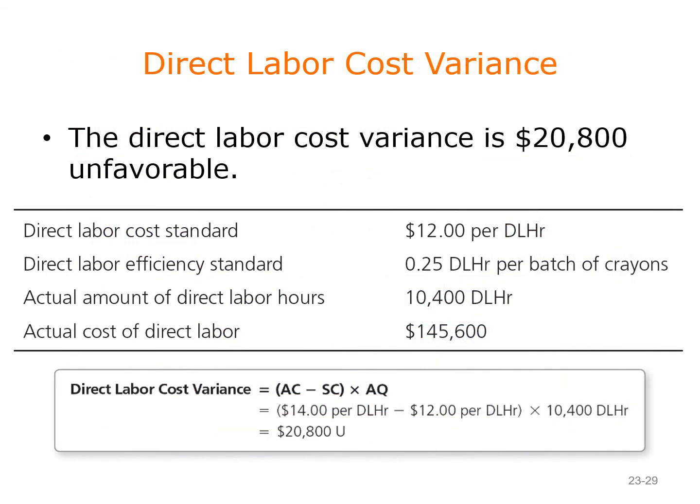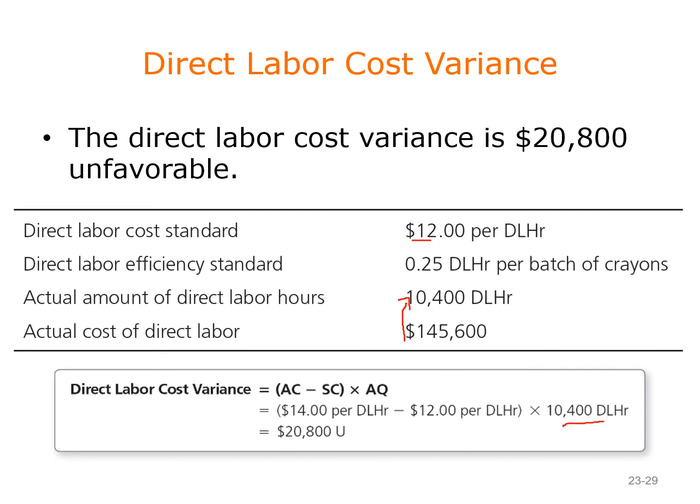The direct labor will be treated the same. We are going to calculate two variances. The direct labor cost variance is actual cost minus standard cost. Actual cost is 145,600 over the actual number of hours, which is $14, minus the standard rate, which is direct labor cost standard 12, multiplied by the actual direct labor hours, which is given as you can see here.